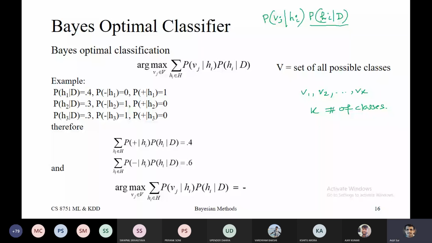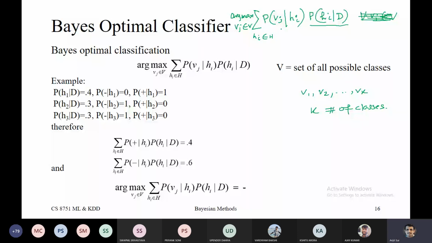Basically, we sum it up over Hi belonging to all hypotheses, and we take Vj for all Vj, the set V. And that is argmax over Vj belonging to V. So it is not required to write it here.